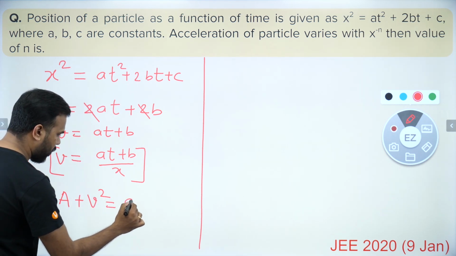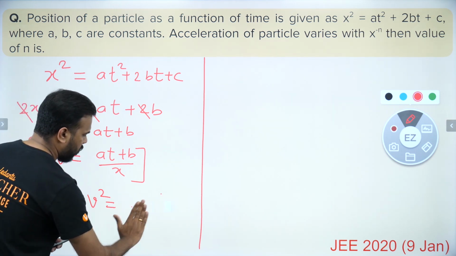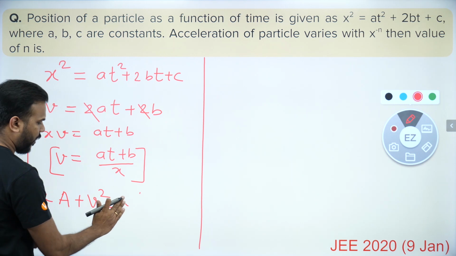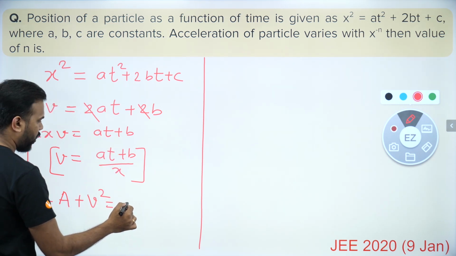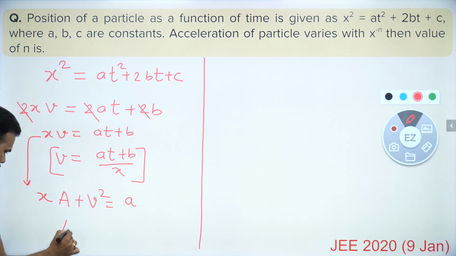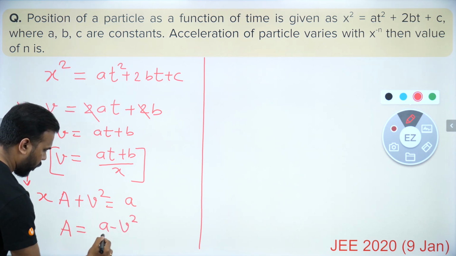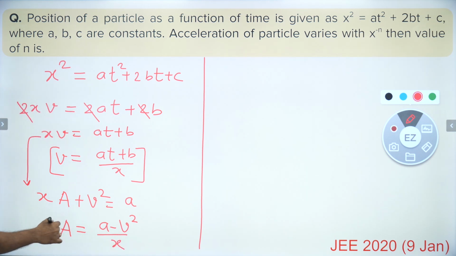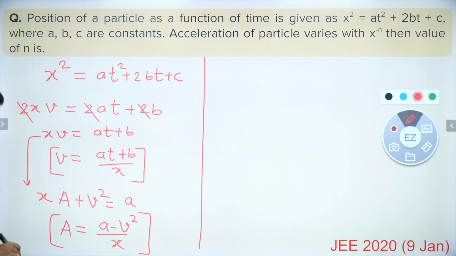That means the differentiation of right hand side is to be done over here. a t differentiates to give you a, differentiation of b will be 0. So we are looking for capital A. Looks like capital A is going to be a minus v square divided by x. That's what is going to be the relationship between acceleration, v and x.